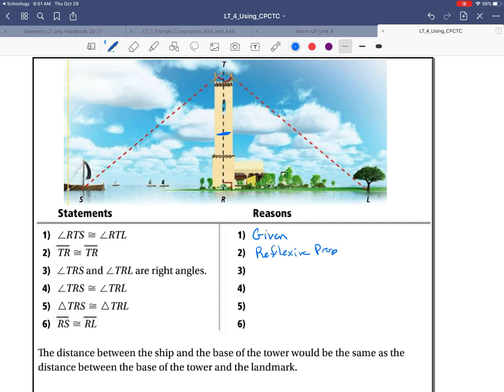Angle TRS and angle TRL are right angles. That was also given. Angle TRS and angle TRL are congruent because all right angles are congruent.